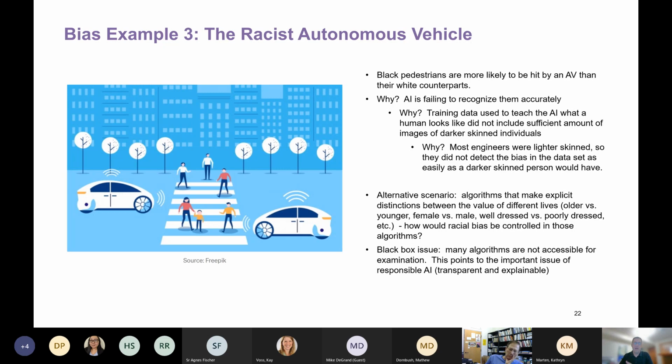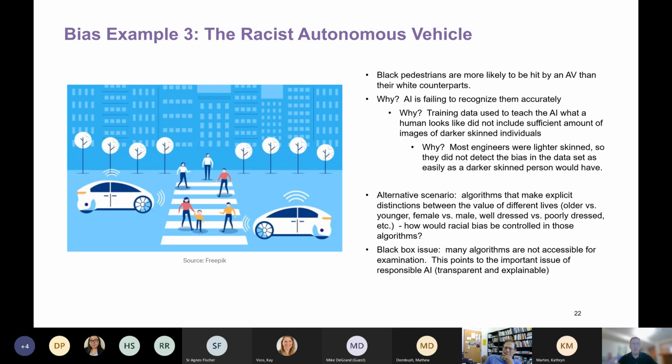Now, there's a different scenario that we also discussed. Let's say from a recognition perspective, it could actually properly identify. But what if the algorithm makes explicit distinctions? We talked in our example a few weeks ago about the value of a child versus an older person, a female versus a male, a criminal versus a non-criminal, and so forth.